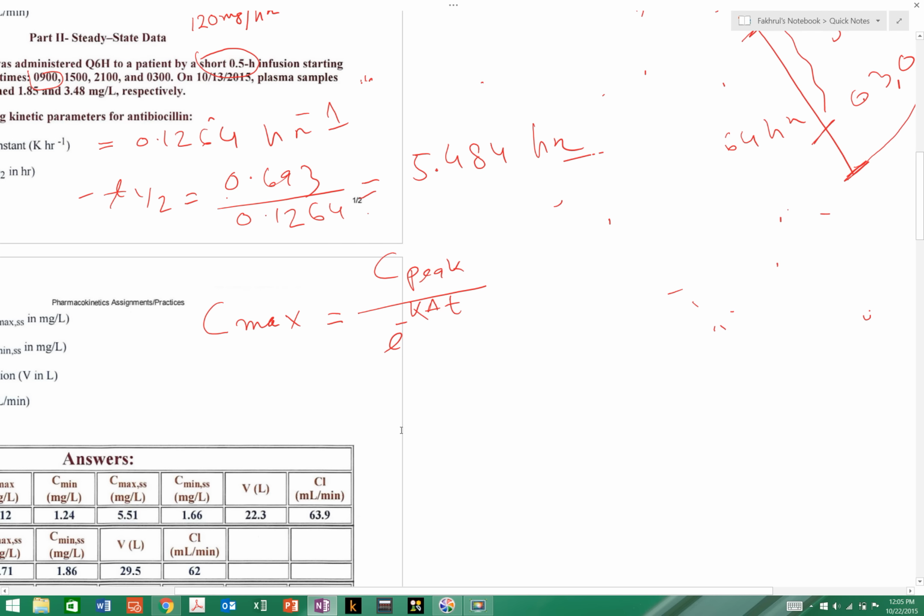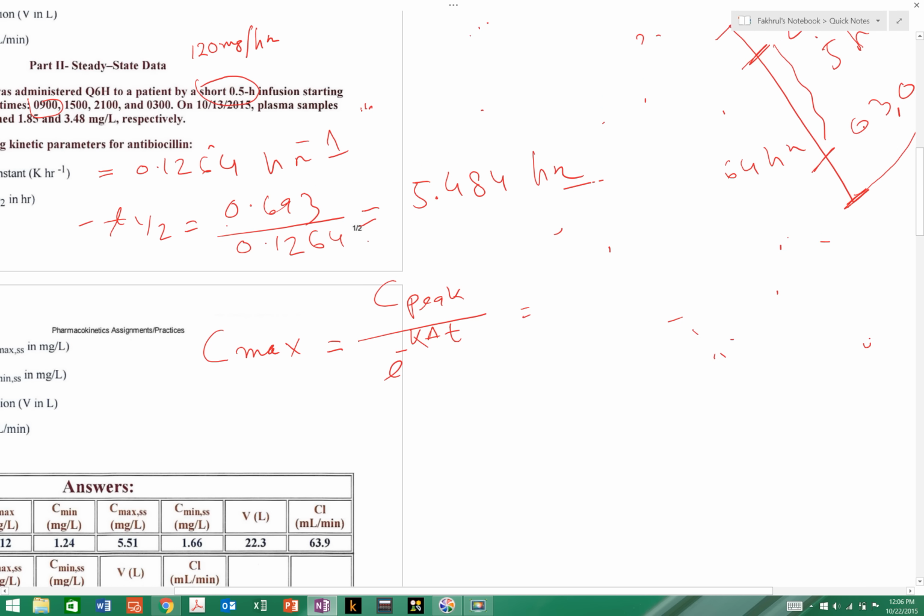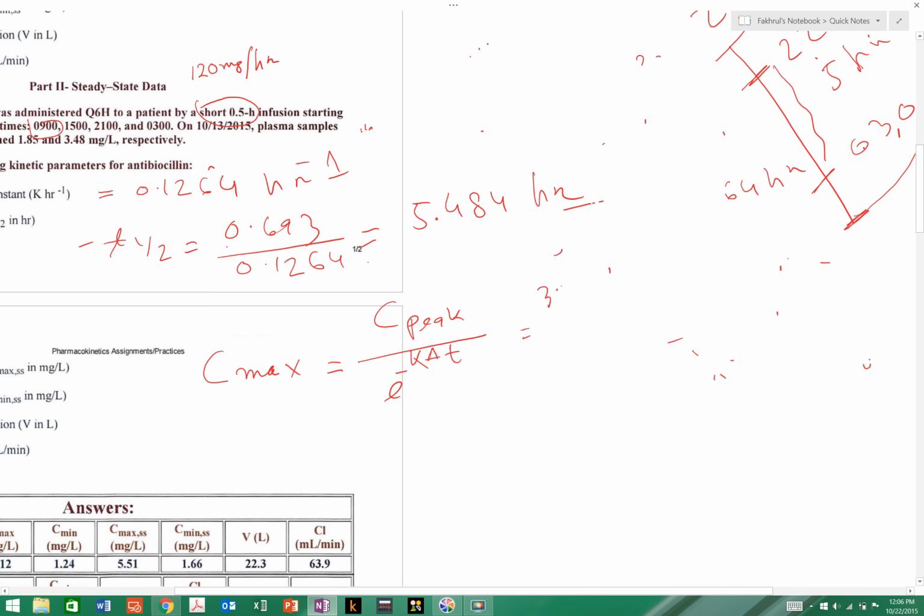What we have to calculate is the trough time. So first, here is C peak. Your C peak is going to be 3.48 divided by e to the negative k times 0.1264 times delta t.